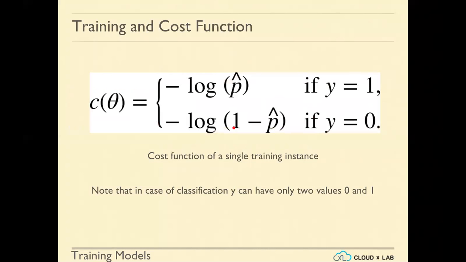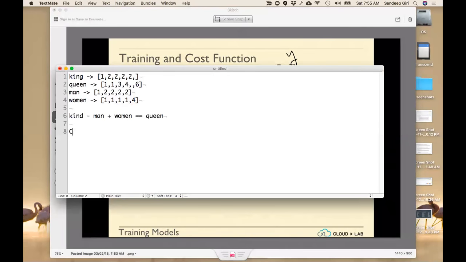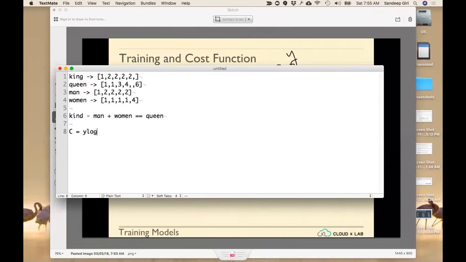The cost that we're talking about, for each instance, is y into log of p plus 1 minus y into log of p.